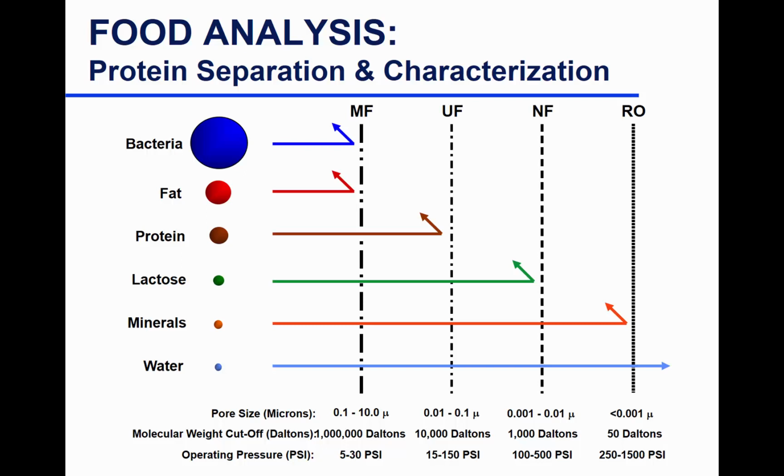If I want to retain everything except my minerals, keep the lactose, for example, nanofiltration. Lactose will be retained, minerals will go out. If I want to purify my water from minerals, I have reverse osmosis. And we do that quite a bit for research purposes. So we do have a reverse osmosis setup in our lab to produce mineral-free water for research. It's always good to work with mineral-free water. Call it deionized water.